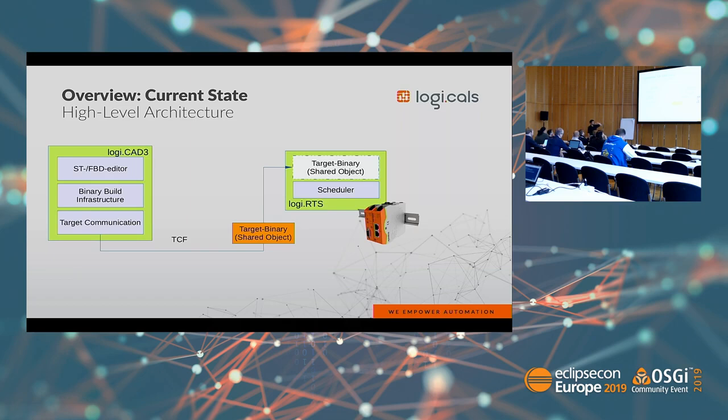It is loaded as a shared object to the application, and then it is executed according to the parameters that have been set in the PLC configuration. Try to keep in mind these three parts on the left, because they already give us an idea of what the architecture in the cloud might look like.